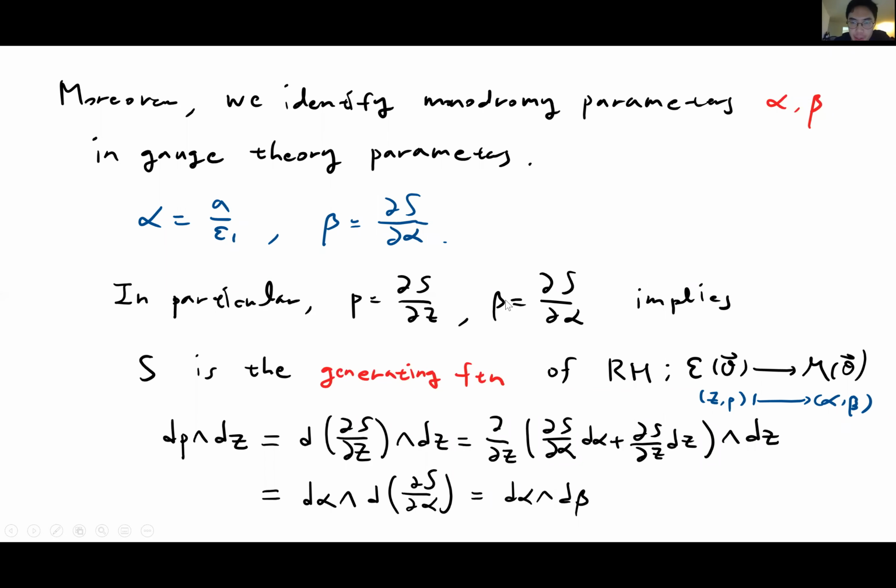Then you determine beta in terms of z and p. So that defines a map from z, p to alpha, beta. So that defines the Riemann-Hilbert map, and moreover, if you define the map in this way, you immediately see that the symplectic structure is preserved. So this is a symplectic morphism, but basically S is a generating function for the Riemann-Hilbert map.